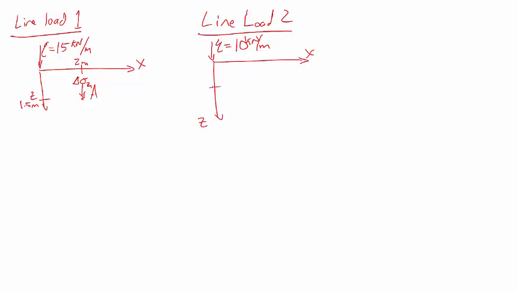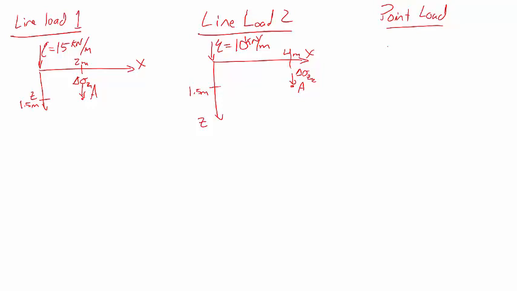And we are the same distance, 1.5 meters downward, but we are at 4 meters to get to point A. And again, so we have a change in vertical stress due to the second line load. Okay, now let's look at the point load.